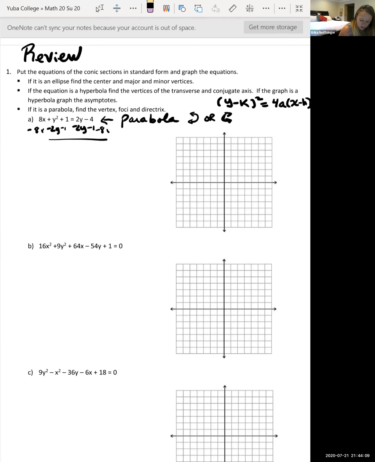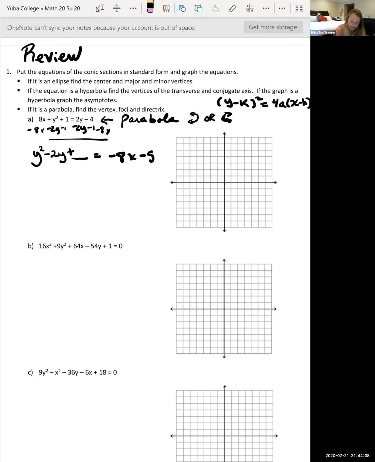So we have y squared minus 2y, and I'm going to leave a spot here because this is where we're going to add something to make this a perfect square, is equal to negative 8x, and negative 4 minus 1, which is minus 5.